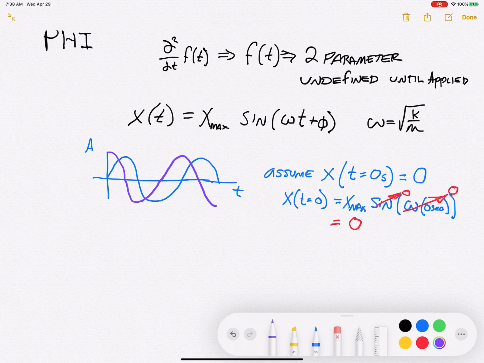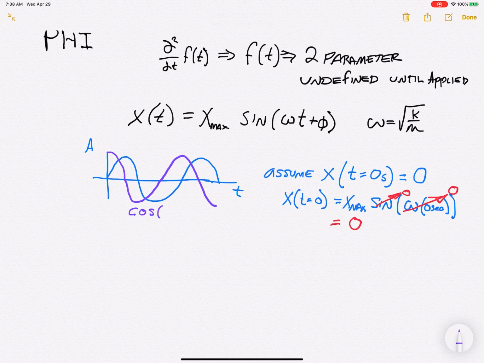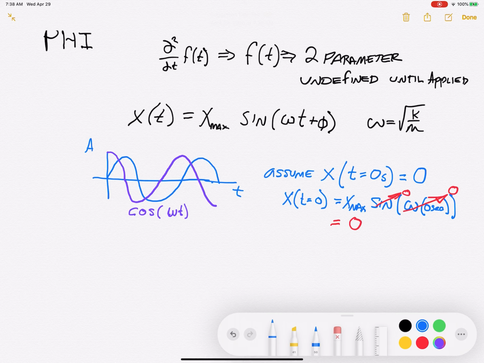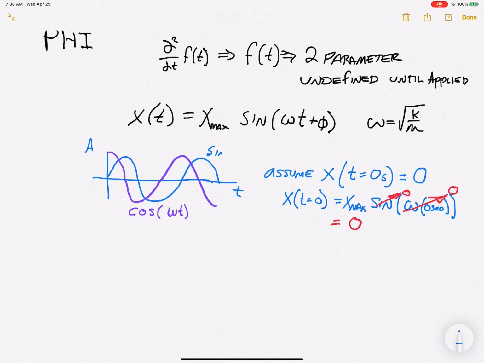So let me just write this as cosine of something as a function of time. And the blue here was our sine function. So it's easy to imagine that we could have any starting position between sine and cosine. And that's where phi comes in, because phi deals with something called phase, which is simply the starting position.